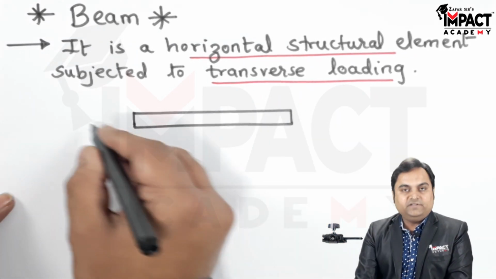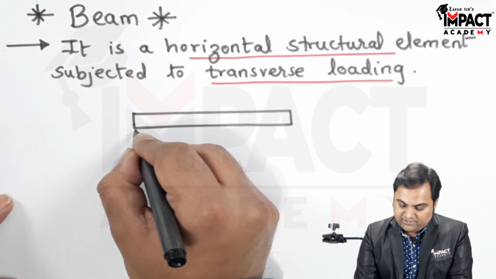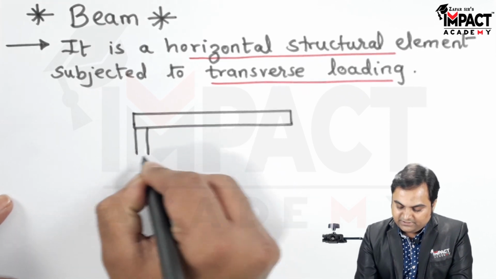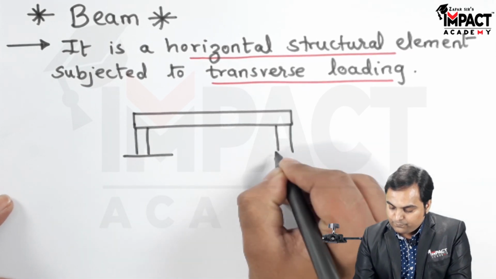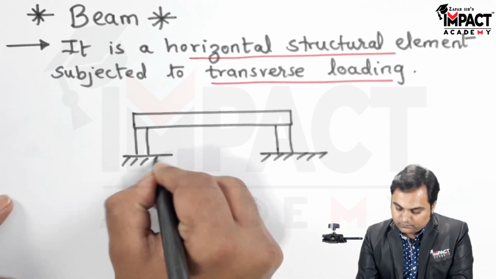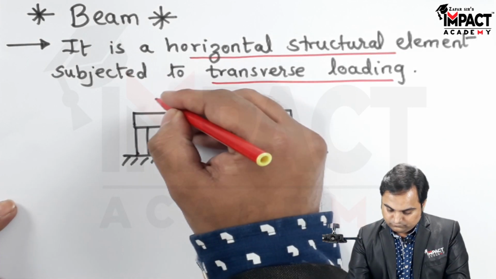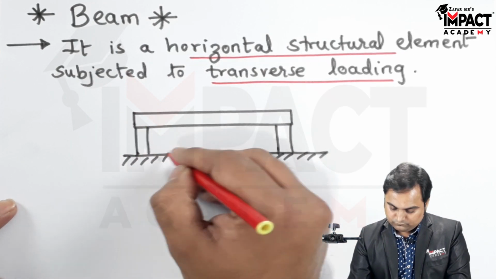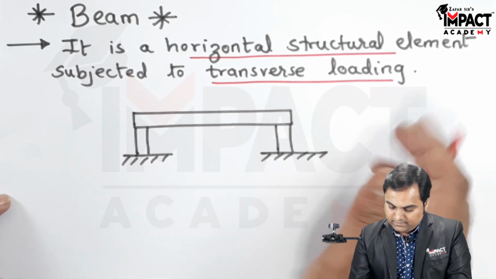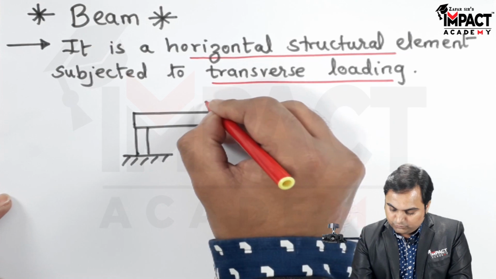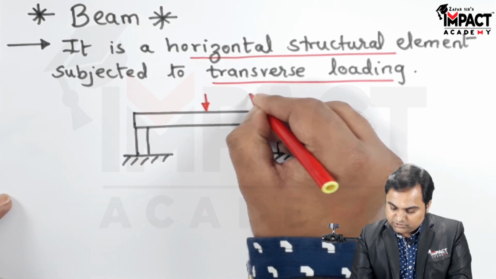Here I am assuming that this horizontal structural member is a beam which is supported at its ends, and this beam would be subjected to transverse loading.